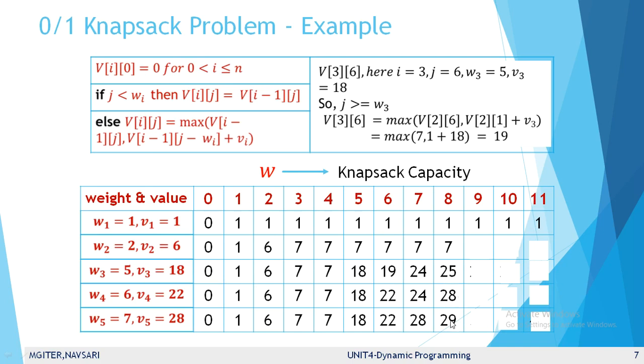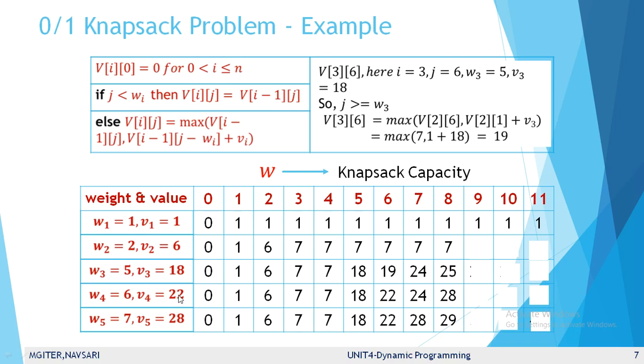Now at i equal to 5 we have three choices because the capacity of the bag is 8. Here 7 plus 1 is 8, but the profit is 29. Now W2 and W4: 6 plus 2 is 8, so the profit is 28.